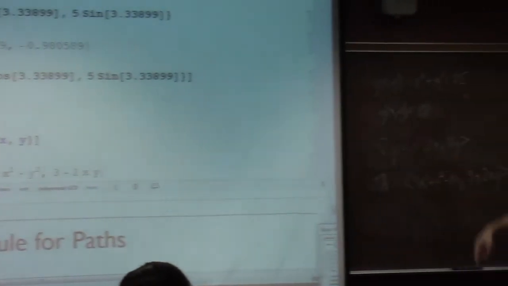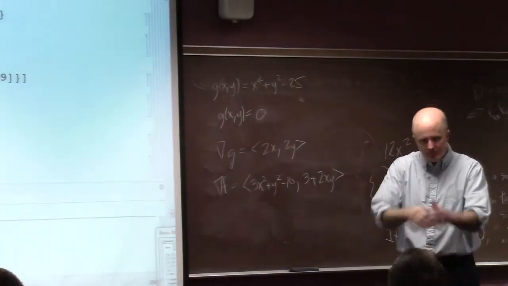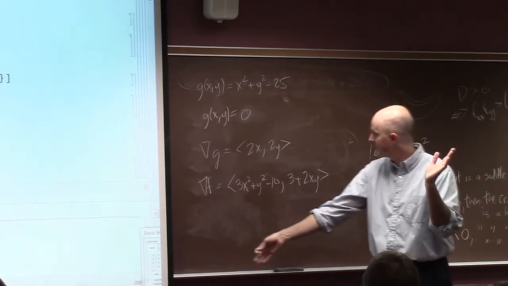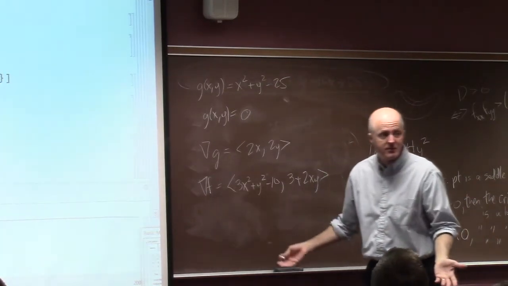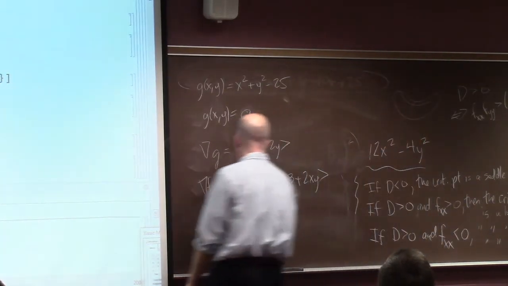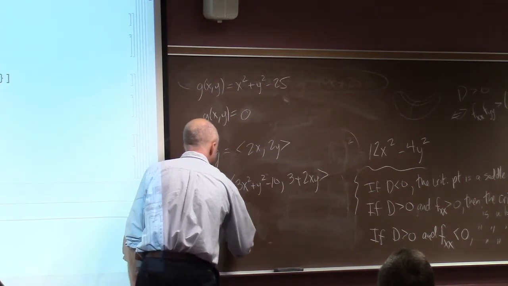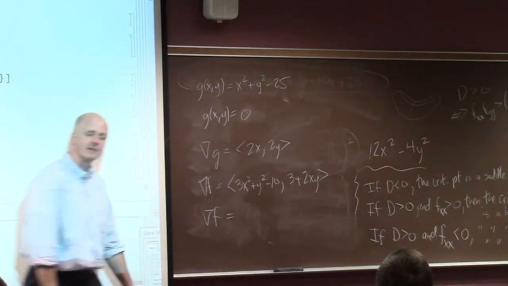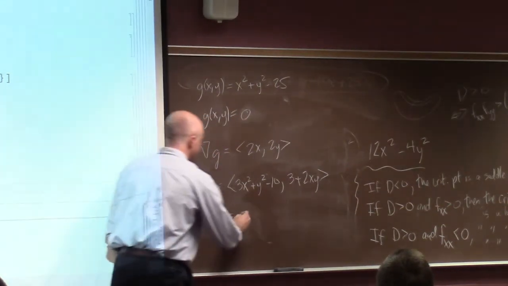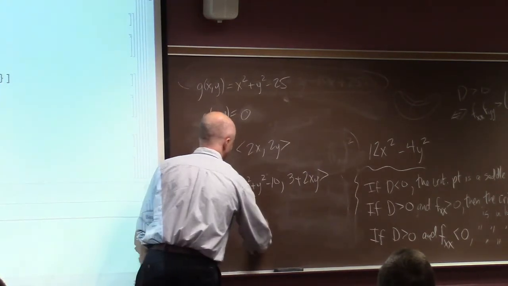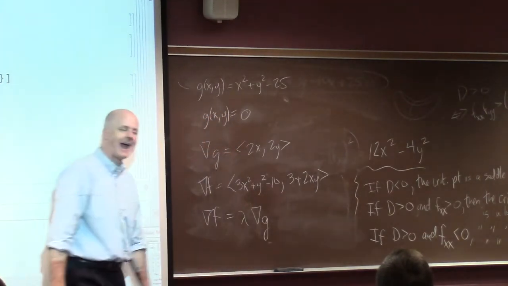What would it mean for these two vectors to be parallel? Well, possibly in the opposite direction from each other. It would mean that one is a scalar multiple of the other. The gradient of f is some scalar times the gradient of g. It's traditional to call a scalar lambda, which looks like that.